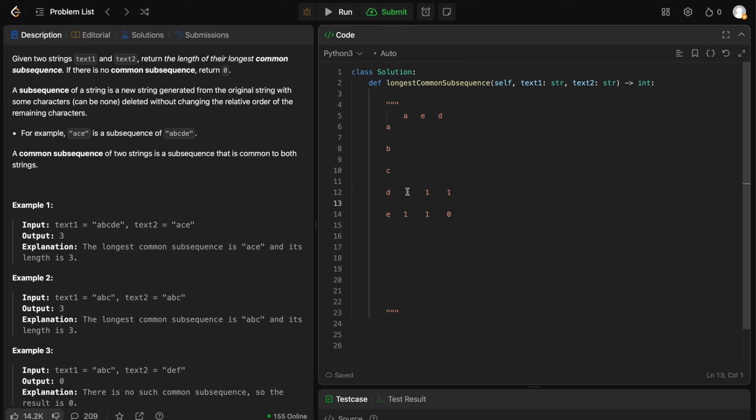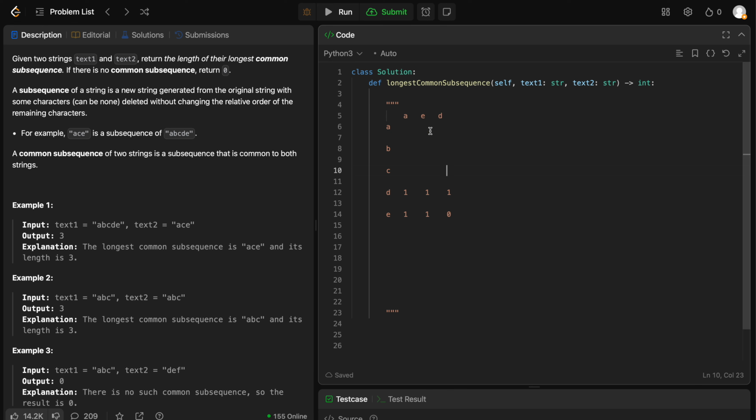So let's go here. It's again the maximum of these two, so this would be 1. If we go to the C, now that I have this, I don't even need to compare anymore.